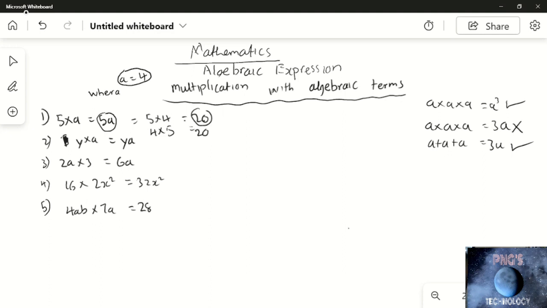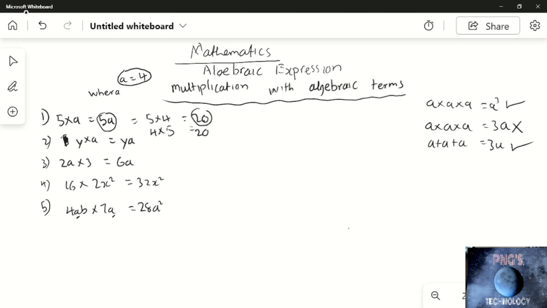So in this case, continuing, now remember we have an a here and we have an a here. So this a times a becomes a squared. Then there's just only one b, so we assume the b is multiplying 1. B times 1 is 1b, just as 5 times a is 5a.